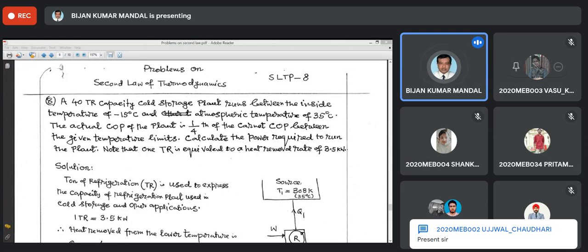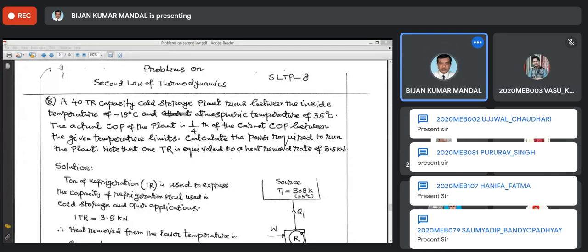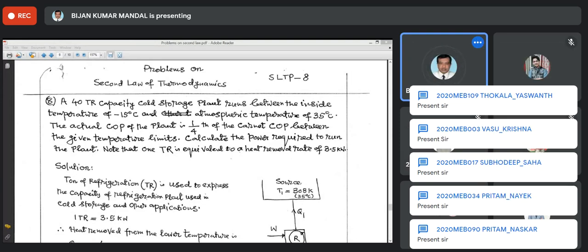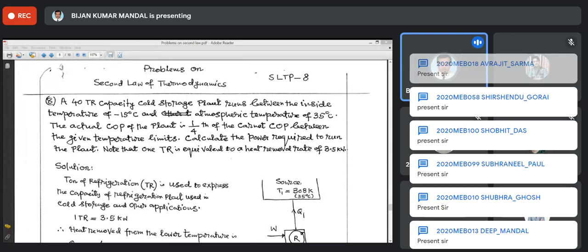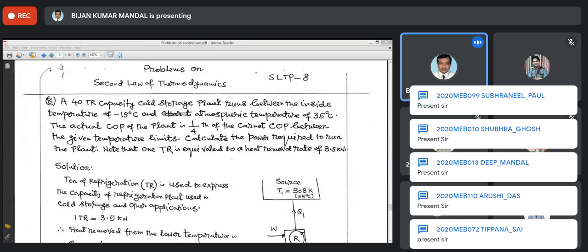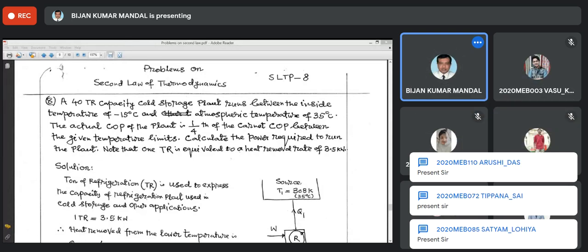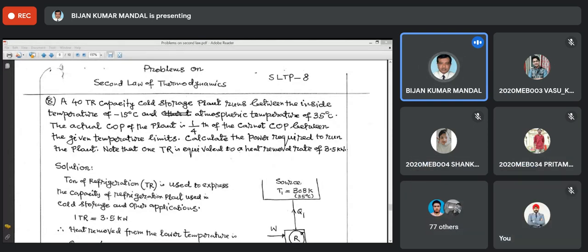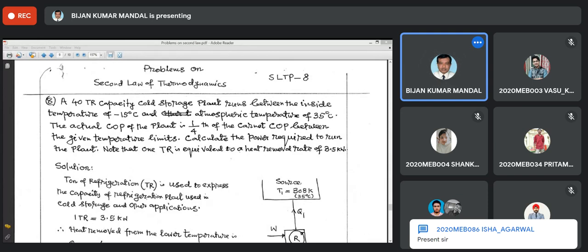Roll number 1, 2, 3, 4, 5, 6, 7, 8, 9, 10, 11. 12 is not there.